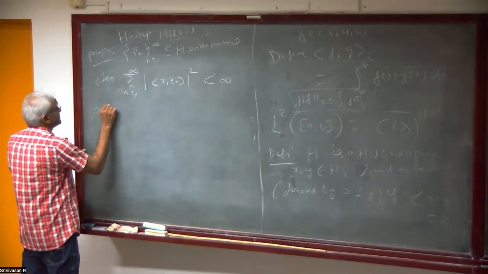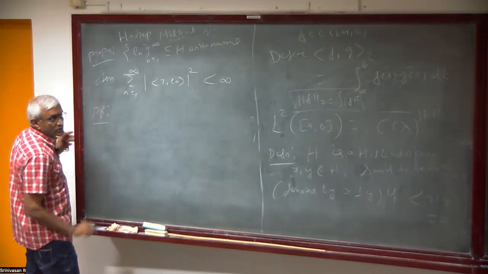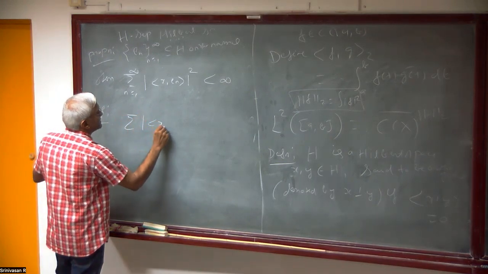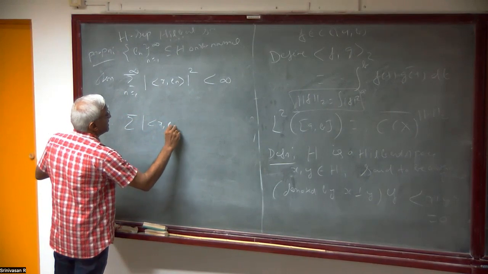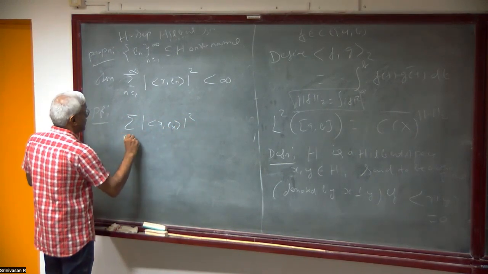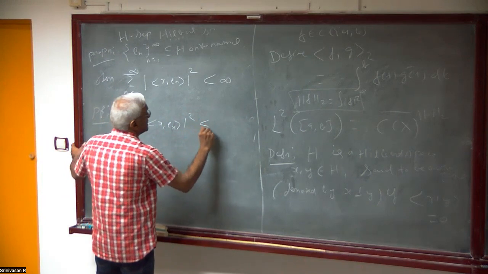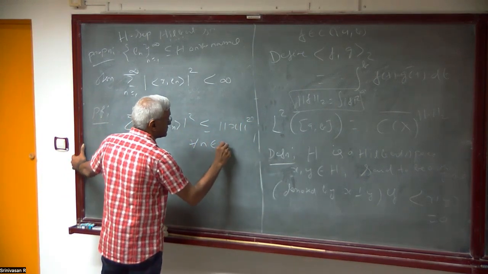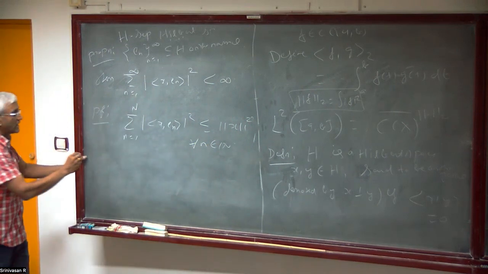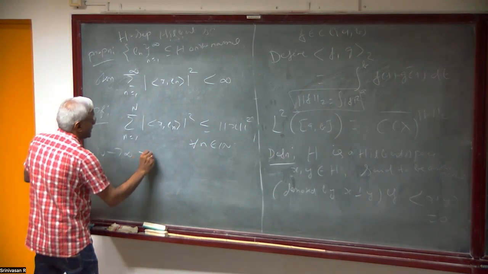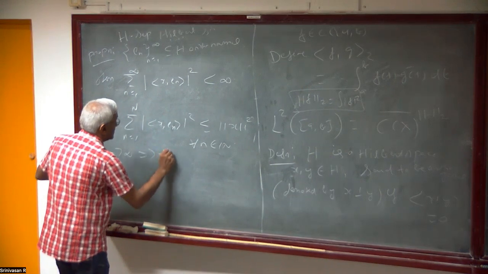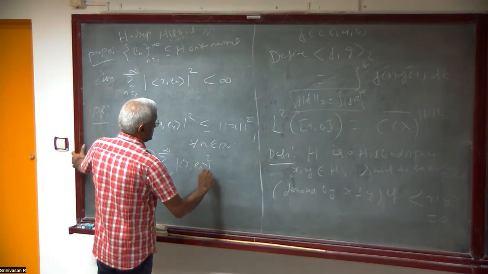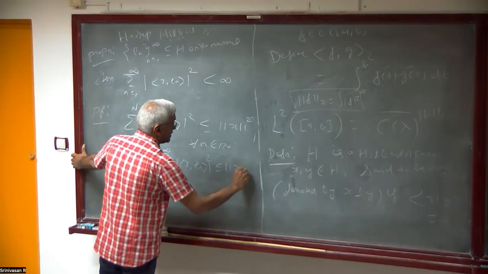Proof: you use that theorem, which says that the summation of |(x, en)| squared, n equal to 1 to N, is less than norm x squared for all N. So as N goes to infinity, the summation n equal to 1 to infinity of |(x, en)| squared is less than or equal to norm x squared. So it's fine.